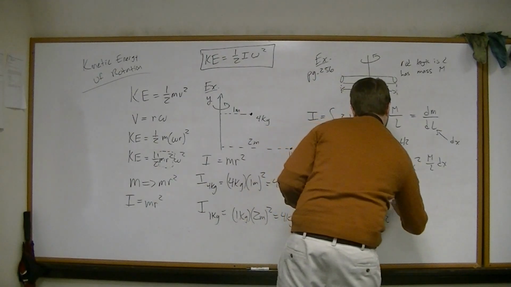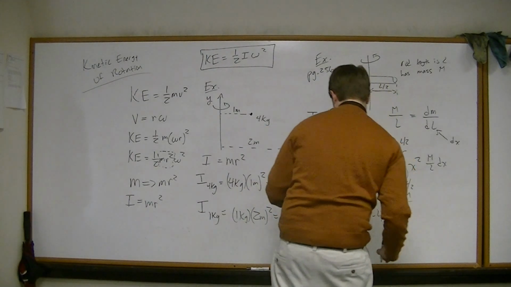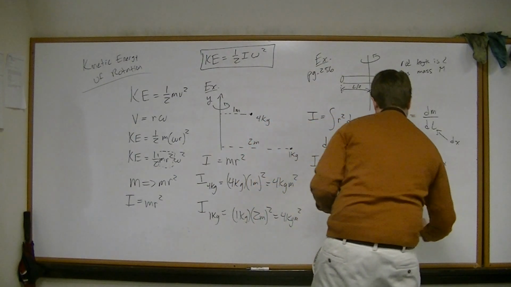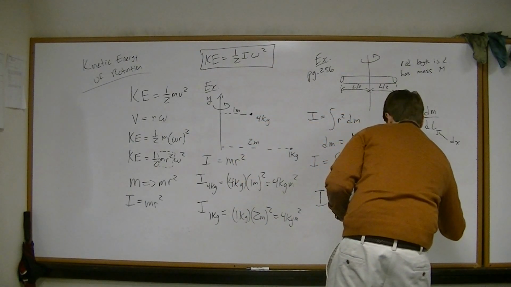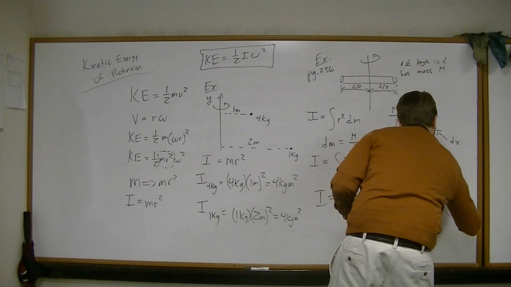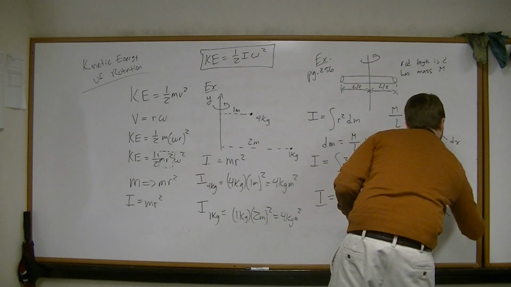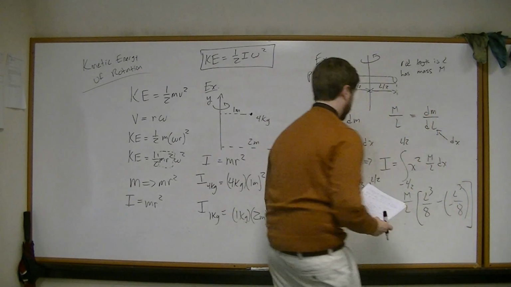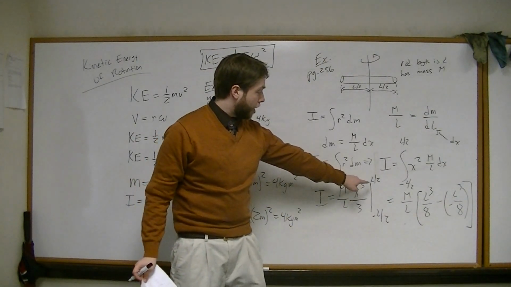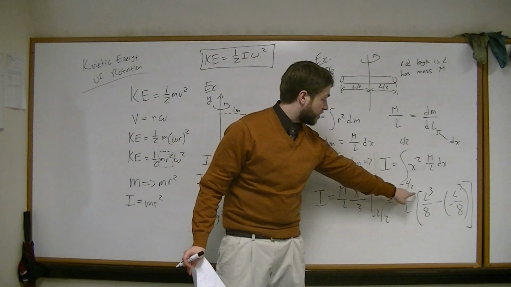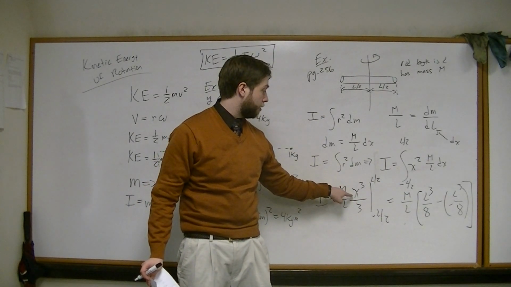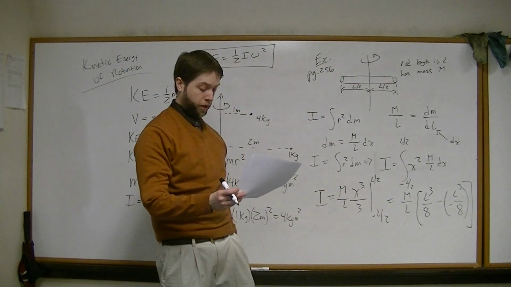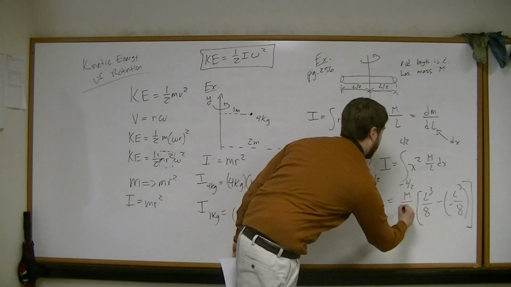A little bit of math here. M over L multiplied by, substitute in the upper limit, L cubed over 8, minus a minus L cubed over 8. I'll give you guys a chance to take a look at that. Substitute in the upper limit, M over L is still the same, since we're substituting L over 2 in for X cubed, and I think I lost a 3.